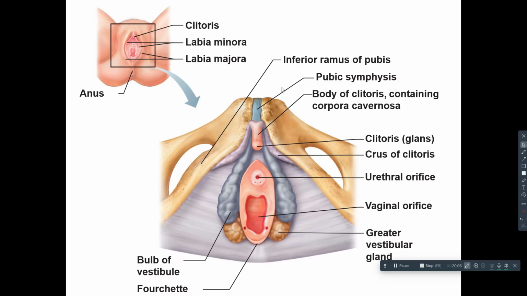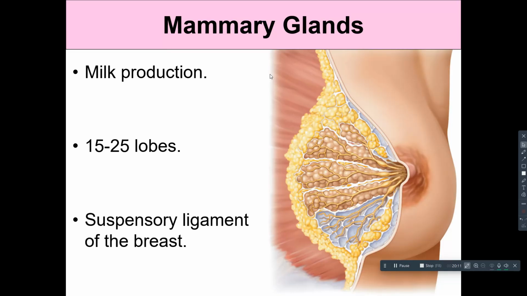Okay, we're almost done our run through of anatomy. Let's actually switch gears slightly in terms of where we're talking about. And let's discuss the mammary glands, which are modified sweat glands in the pectoral region that, of course, are involved in milk production.